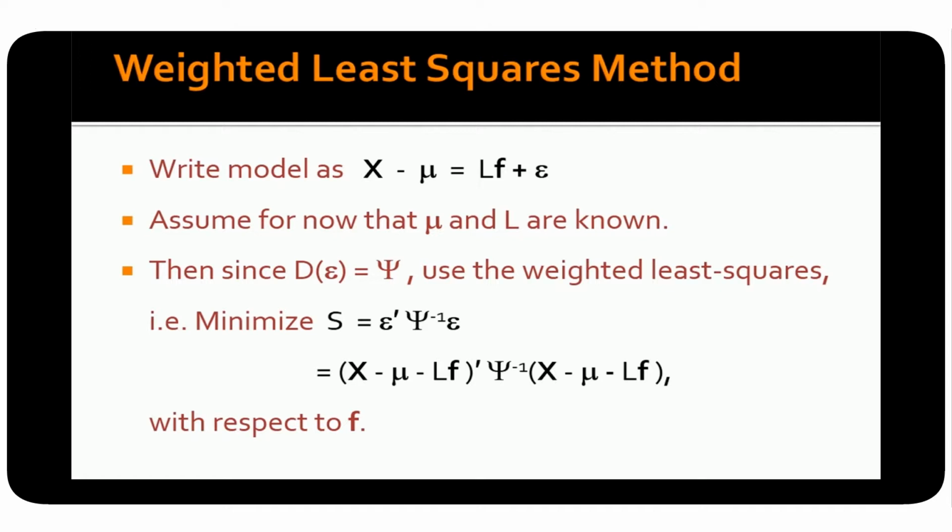And how do you do the weighted least squares? We minimize epsilon prime psi inverse epsilon, which really means that we minimize (x minus mu minus LF) prime psi inverse (x minus mu minus LF).